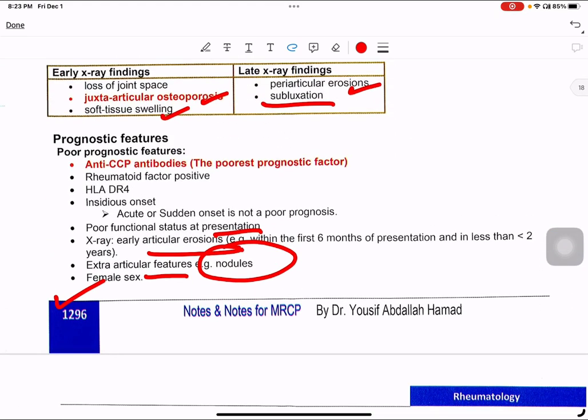So what are poor prognostic factors? Anti-CCP, rheumatoid factor, HLA DR4, acute onset, poor functional status, early erosion, rheumatoid nodule and female sex.